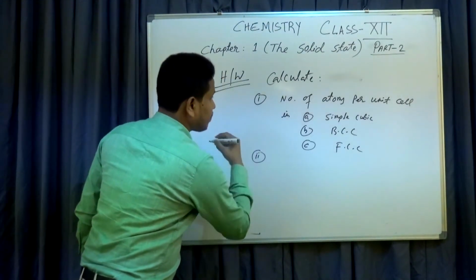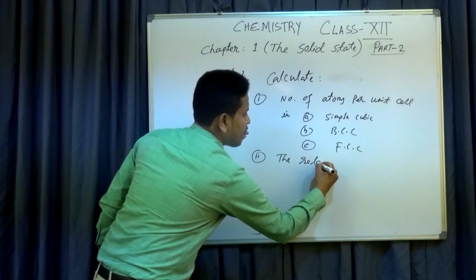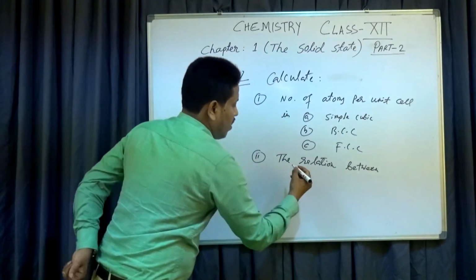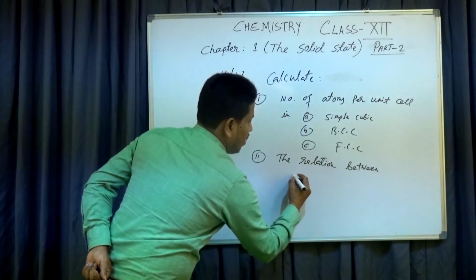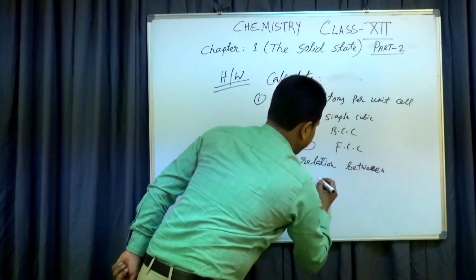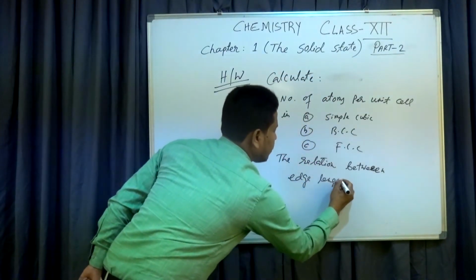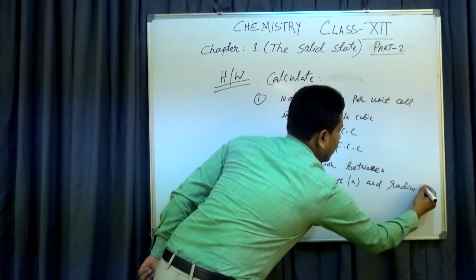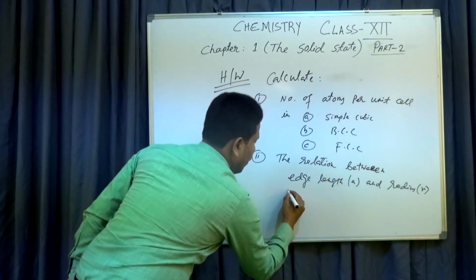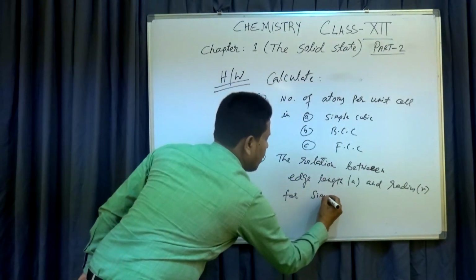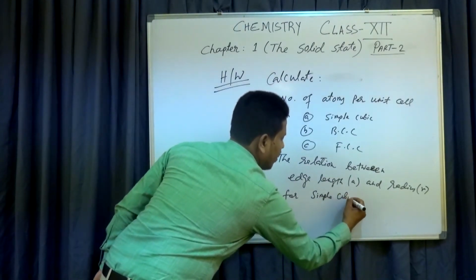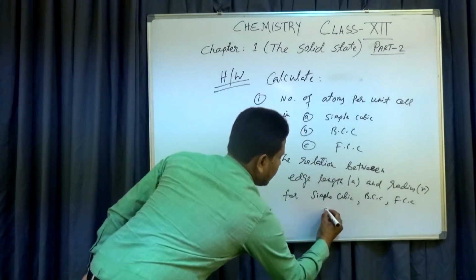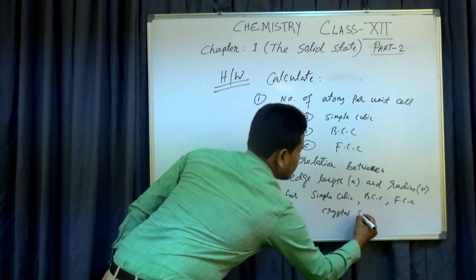Second problem: the relation between edge length, means small a, and radius small r for simple cubic, BCC, FCC crystal system.